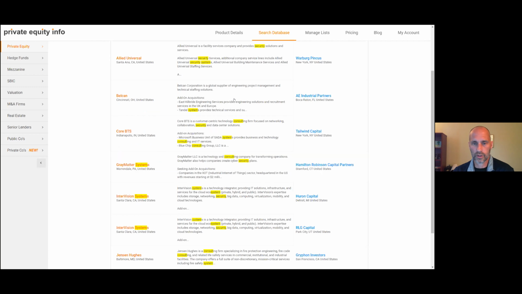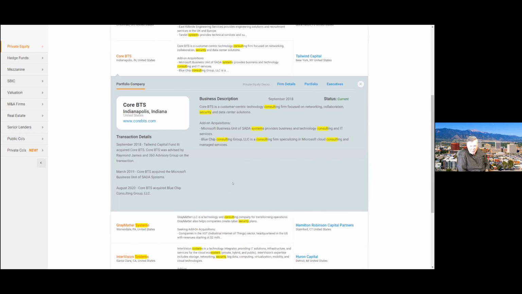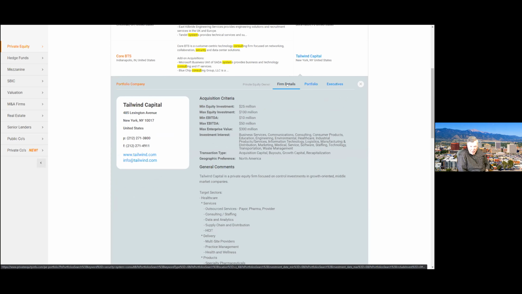Do you see anything else here that you want me to expand down? Let's see here. How about core BTS? So they're owned by Tailwind Capital. Also New York.